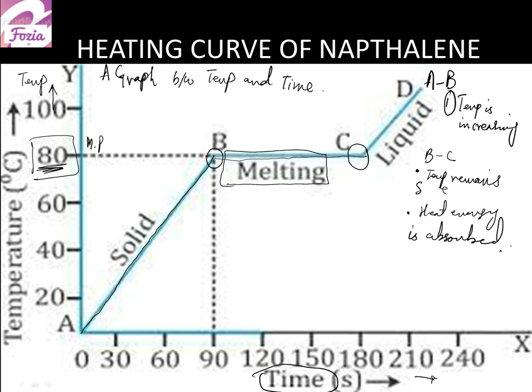And you see the sample is a mixture of solid and liquid. Now after point C, when we continue heating, the temperature starts rising again. So this is the phase in which all the solid has melted.